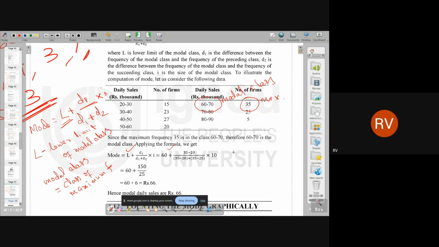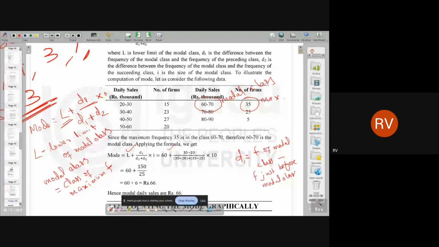D1 is equal to the frequency of the modal class minus the frequency just before the modal class.